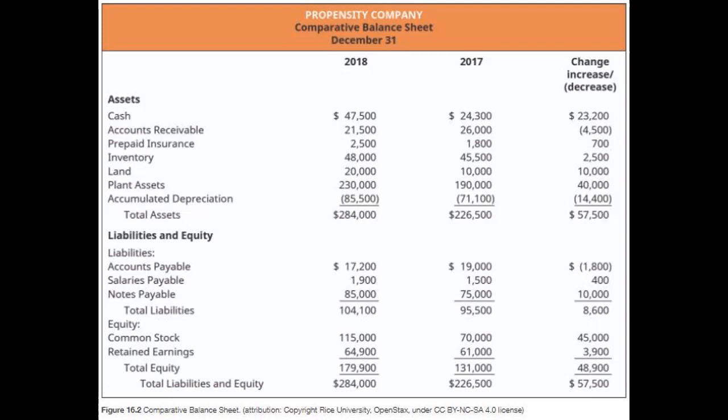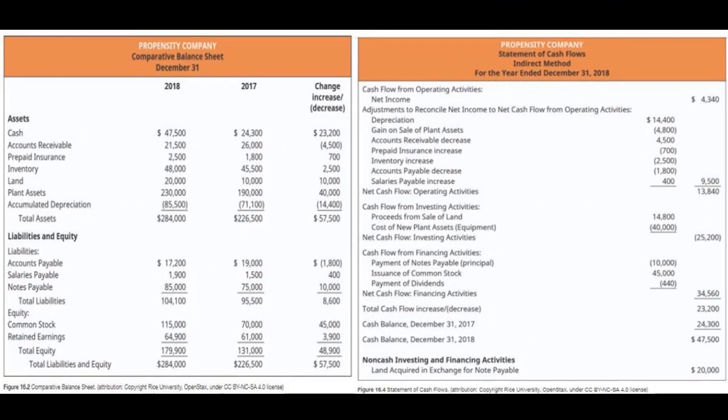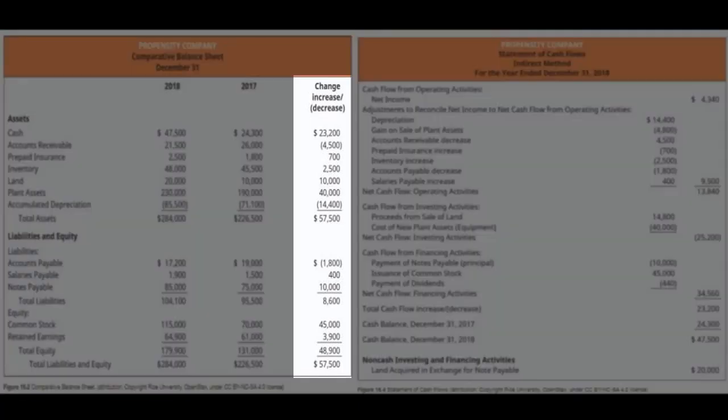Now, if you'd like to see evidence of this, you can compare figure 16.2 with the statement of cash flows in figure 16.4. The first thing to notice is that, by and large, the numbers in the change column in figure 16.2 are used to create 16.4.